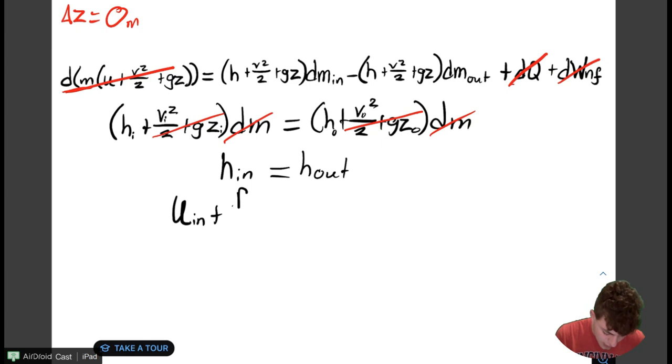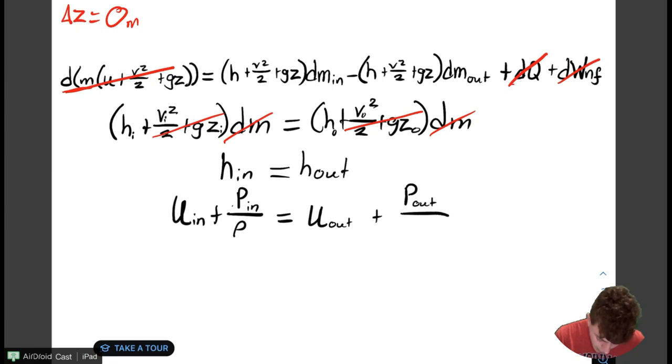And we wrote that earlier as pressure over density. Now the density of our substance is water, and water being a liquid is incompressible, which means that the density will remain constant across the pressure drop.